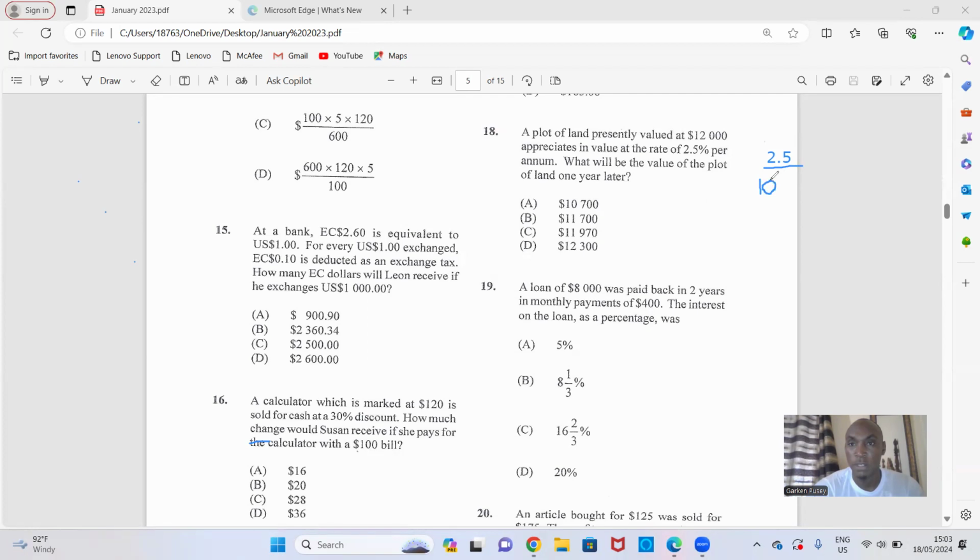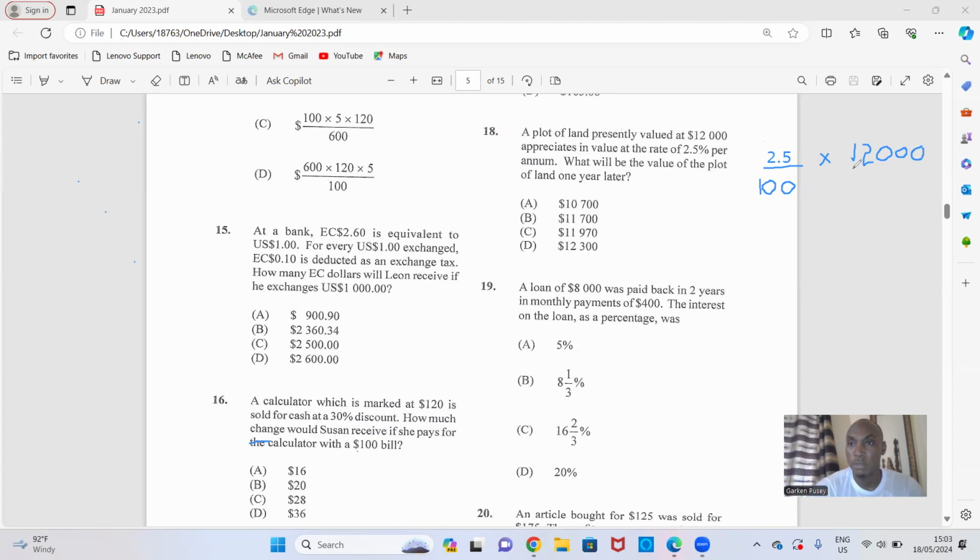You divide the percentage by 100, right? And we multiply that by the 12,000. What we're trying to find here is the amount it will appreciate by. It will go up. Remember, when something appreciates, the value increases. When it depreciates, of course, it's the opposite: the value will go down.